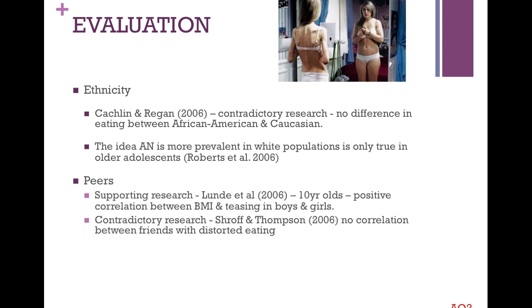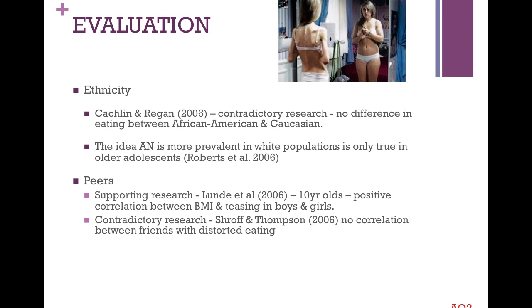Next, we looked at peers and the role that peers play in people developing anorexia. There seems to be some supporting research, but also some contradictory research here. Lund et al. seem to support the idea that peers do have a role to play. What they found was a positive correlation between body mass index (BMI), so basically how dense people tend to be, and teasing.